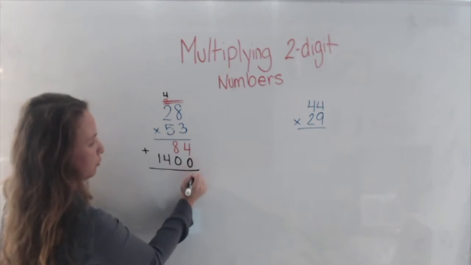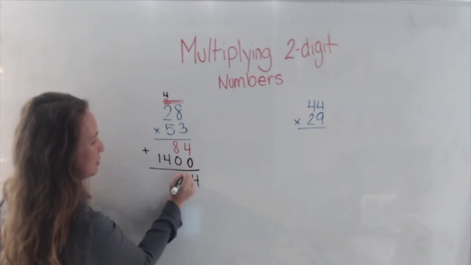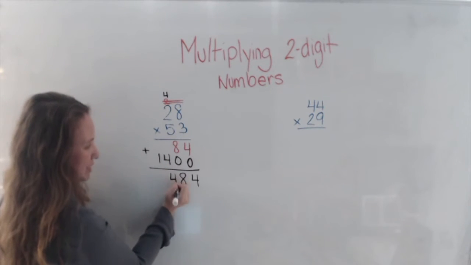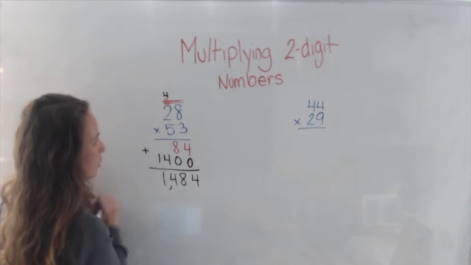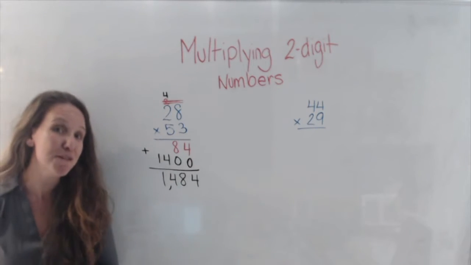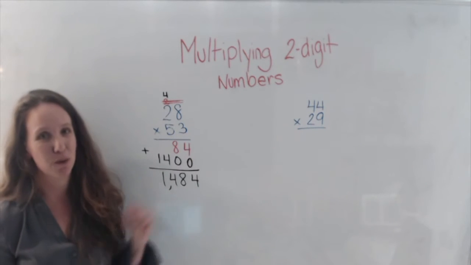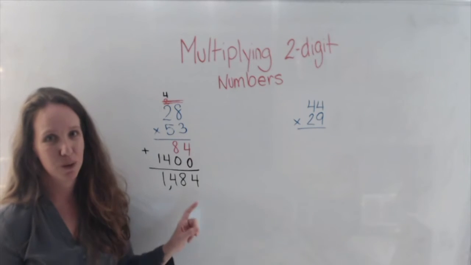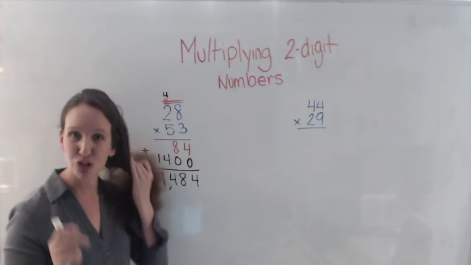So 4 plus 0 is 4. 8 plus 0 is 8. There's nothing here. 4 plus 0 is 4. And 1 plus 0 is 1. So 28 times 53 is 1,484.